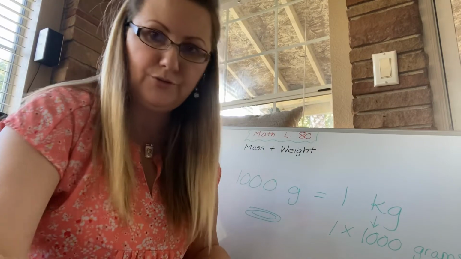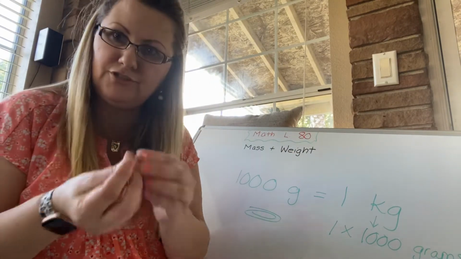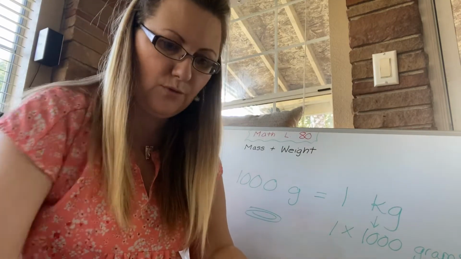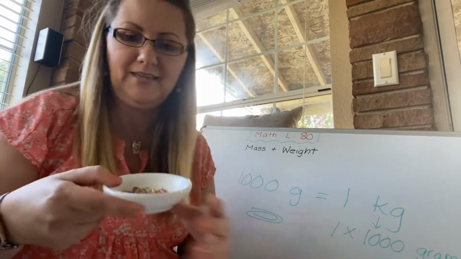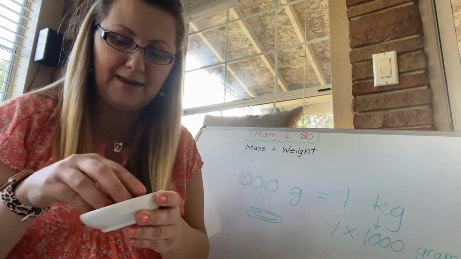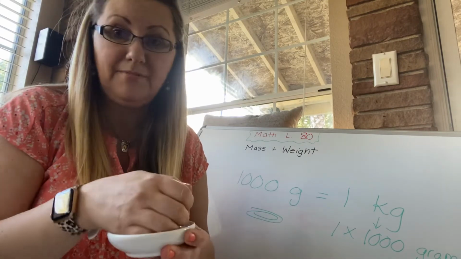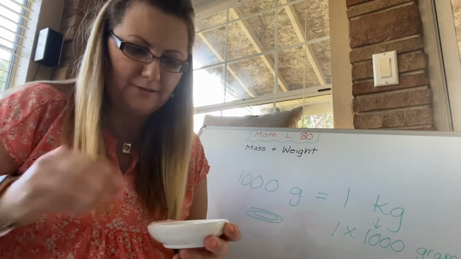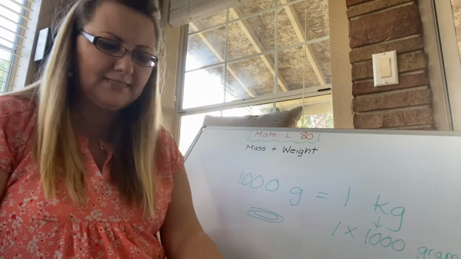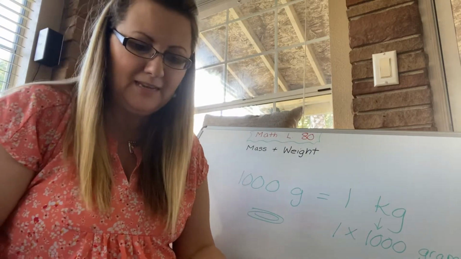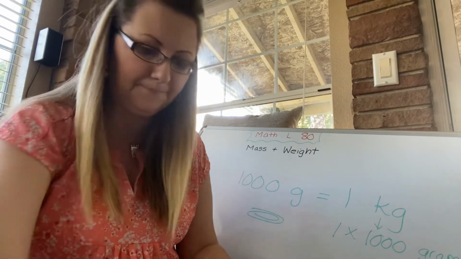Is it closer to a gram, like the paper clip, or is it closer to maybe 1,000 of those? I guess it depends whose shoe you're talking about, right? Mr. Nagy's shoe would probably be a lot more than 1,000 paper clips. So let's say the pair of shoes is closer to 1 kilogram than 1 gram, right?